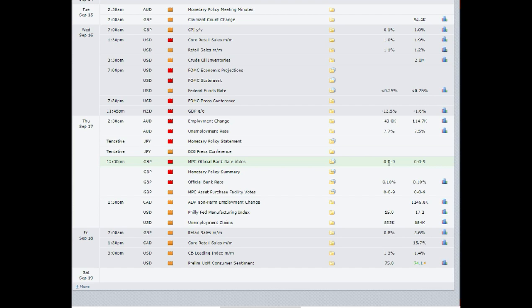The second one shows how many voted to decrease the interest rate. And the third one shows how many voted to keep the official interest rate the same. So it's expected that all 9 members are expected to vote to keep the rates the same.